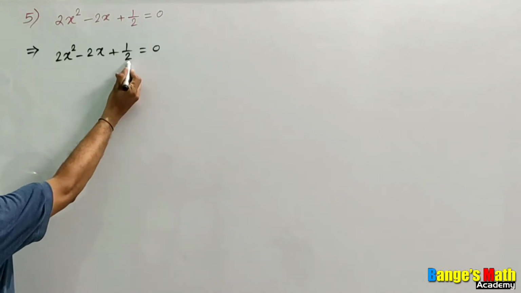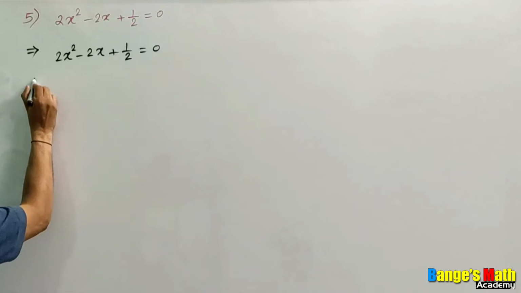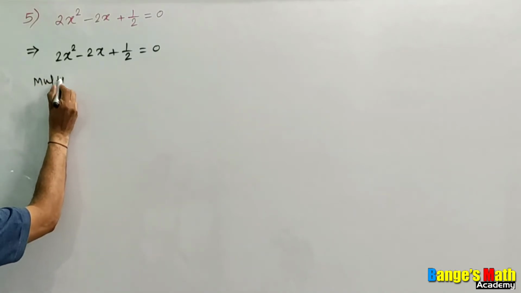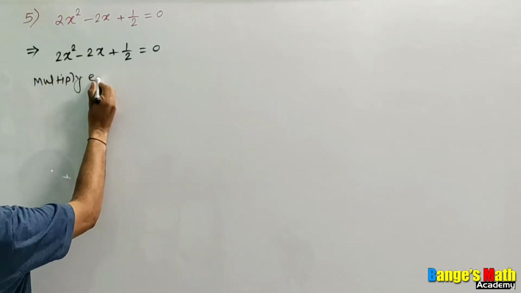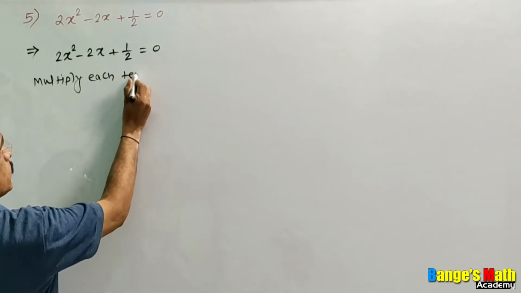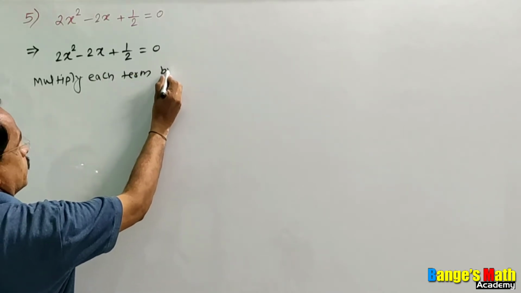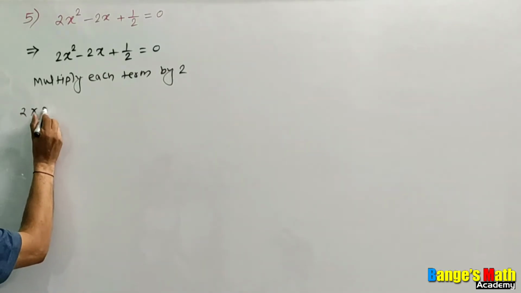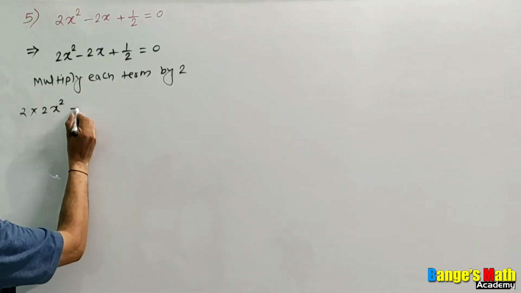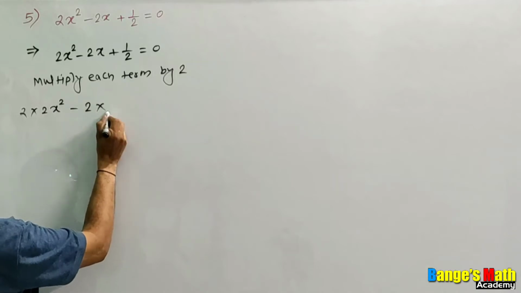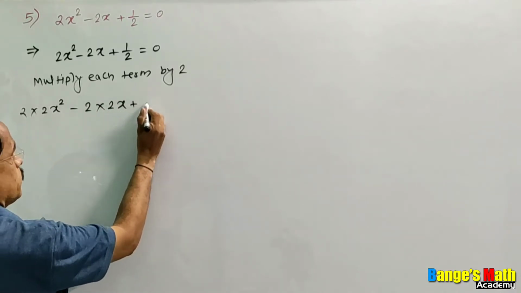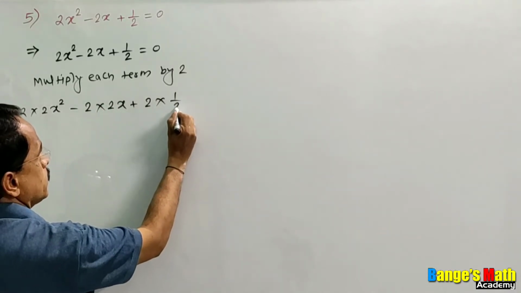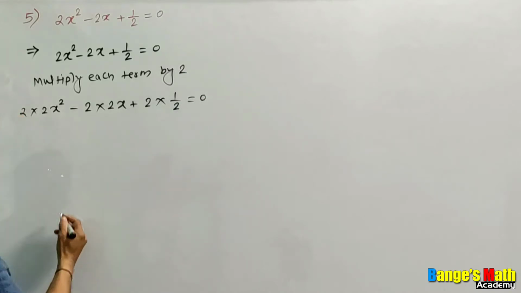To eliminate this 2, multiply each term by 2. Multiply each term by 2. Then we get 2 into 2x square minus 2 into 2x plus 2 into 1 upon 2 is equal to 0.